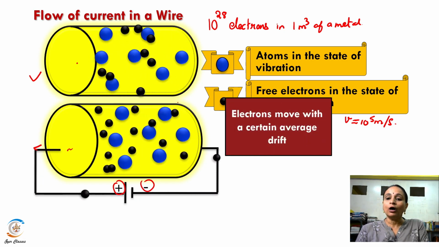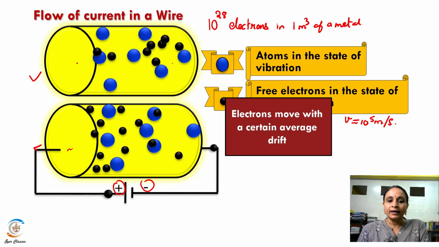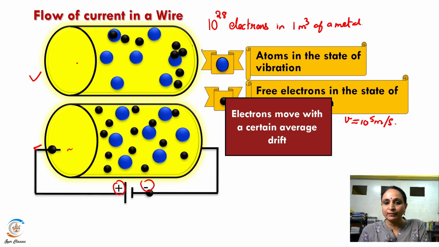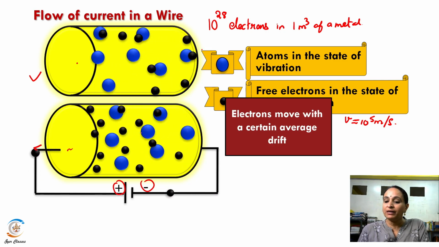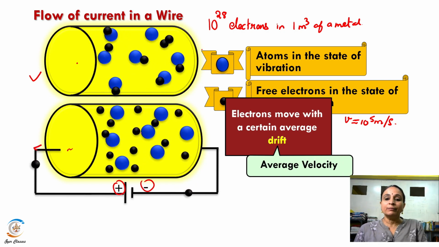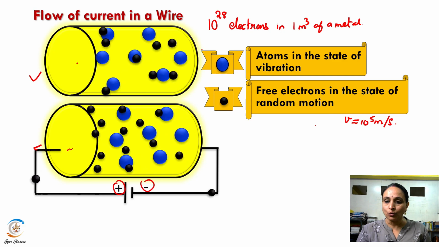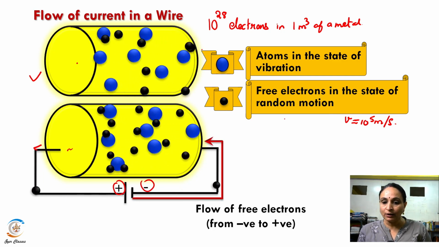Now the electron moves with the average drift. देखो पहले ये कैसे मूव हो रहे थे और अब सिर्फ ऐसे ही नहीं होंगे, ये मूवमेंट भी होगा. ऊपर वाला जो मूवमेंट है ना अपना, ये भी चलते रहेगा और साथ में ये ड्रिफ्टिंग भी चलती रहेगी. Now this velocity with which they will be moving is called the average velocity, or also the drift velocity, which is very, very low.